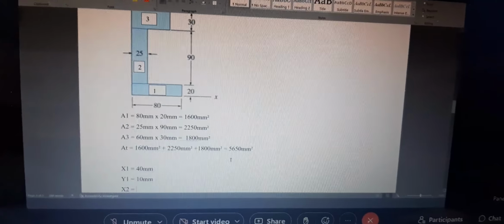So our area 1 was 1600. Let's put it right here. Our y1 is 10. Let's copy that. Put it here. And then we have area 2, put it here, times what? y2.